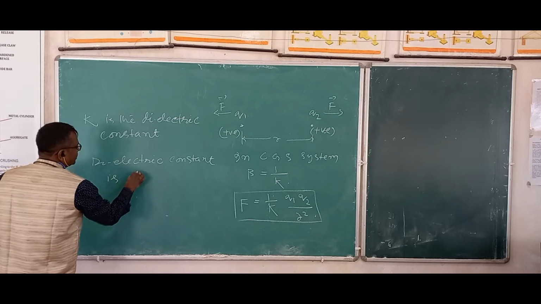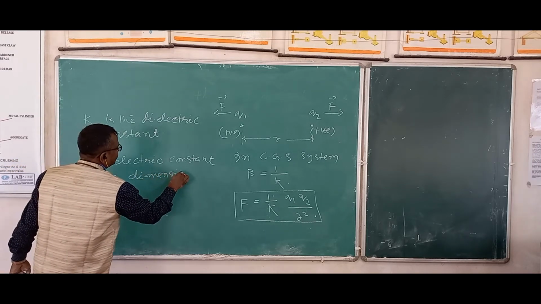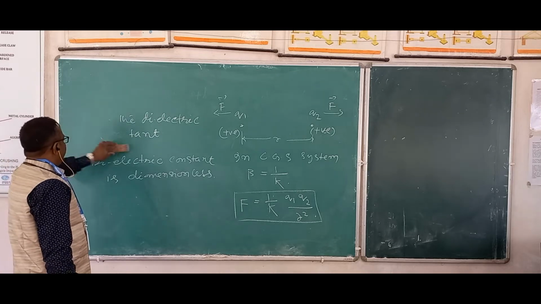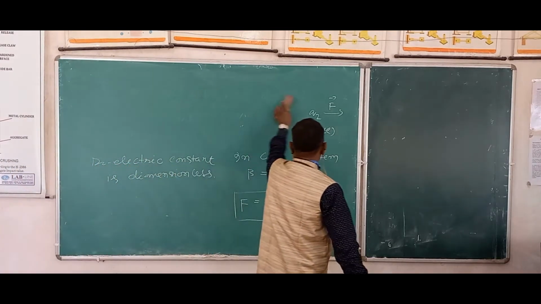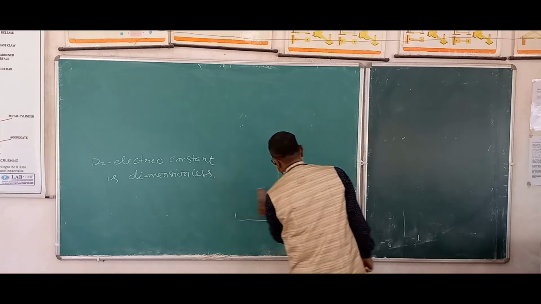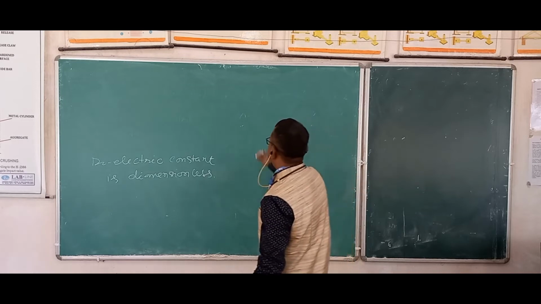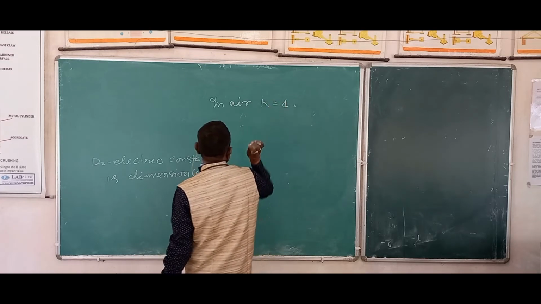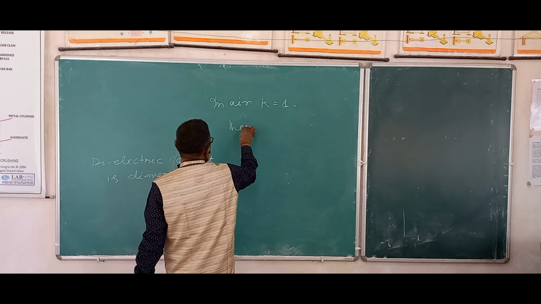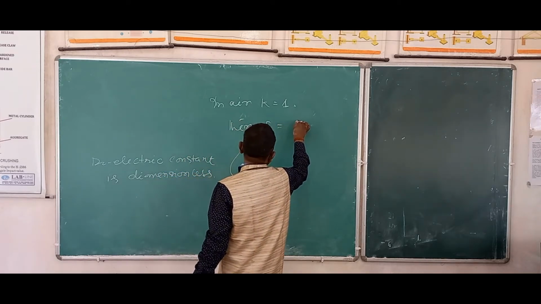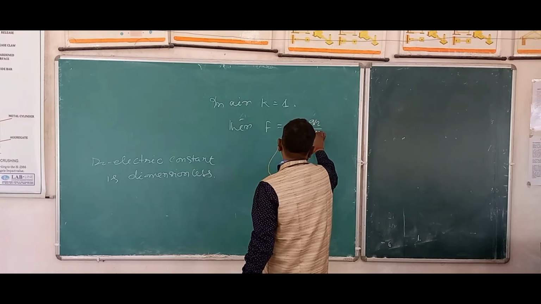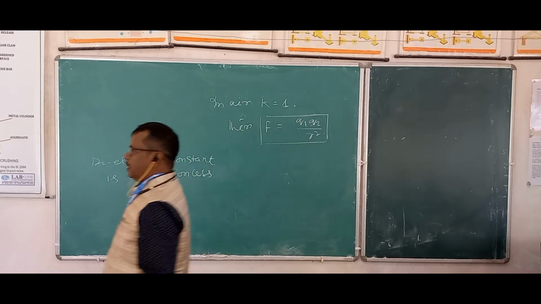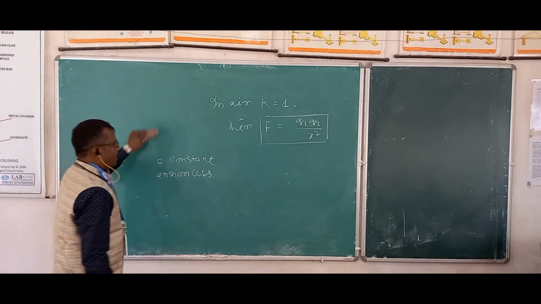In free space or air, the value of the dielectric constant K is equal to 1. Then F is simply Q1 Q2 by R square.